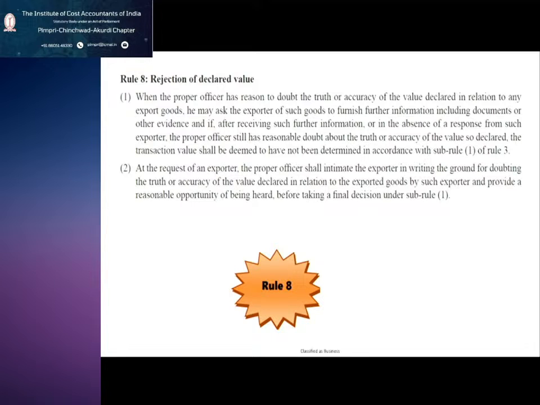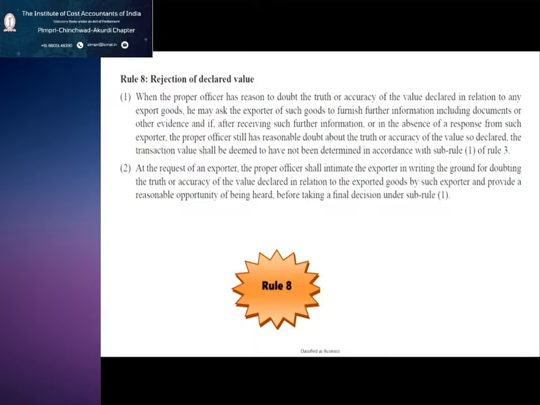When the officer has reason to doubt the truth or accuracy of the value declared in relation to any export goods, they suspect the value, then they may ask the exporter to furnish further information including documents or other evidence. In the absence of response, if the officer still has reasonable doubt about the truth or accuracy, the transaction value shall be deemed not to have been determined.